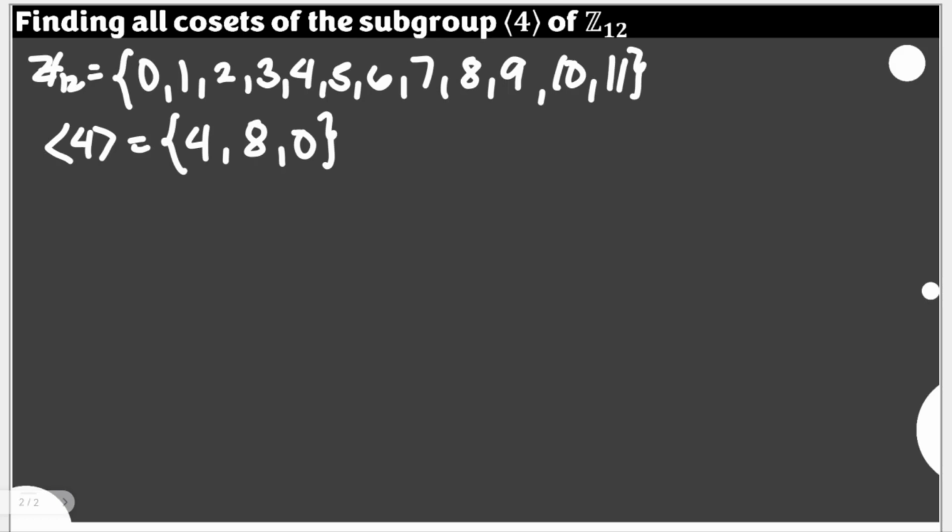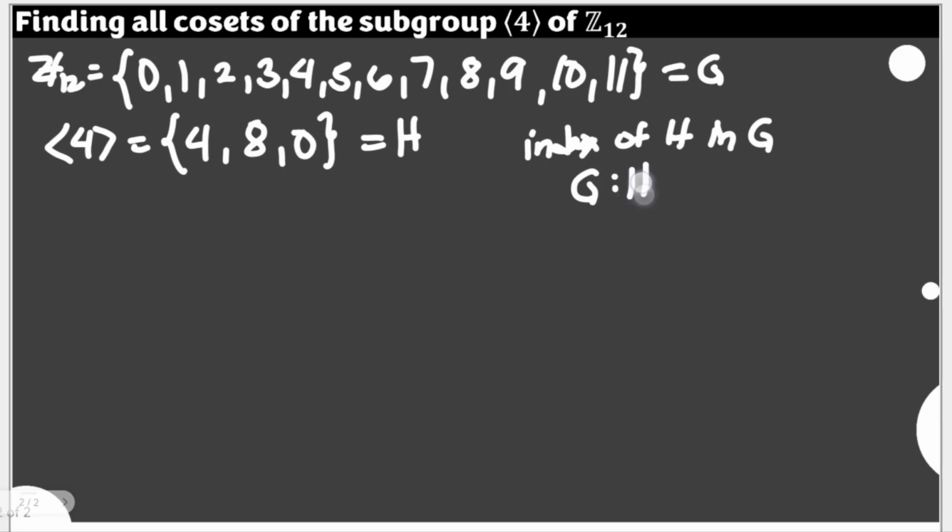Now, let's consider this as our H, and this would be our G, our group, because we can now determine the number of left and right cosets by solving the index of H in G, represented by this notation here.